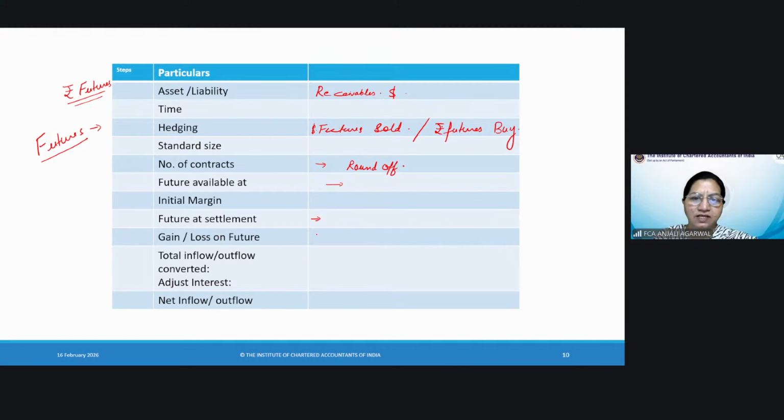And in the spot market, you will sell your receivables, whereas the futures gain and loss together with interest cost, maybe opportunity cost, will be your net inflow or outflow.